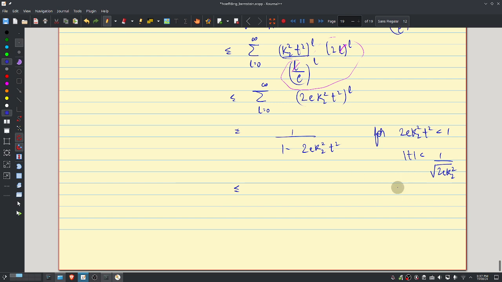What do I want? I want an upper bound on this particular quantity, which means that I want a lower bound on the denominator.